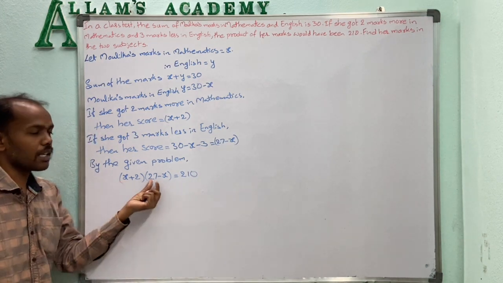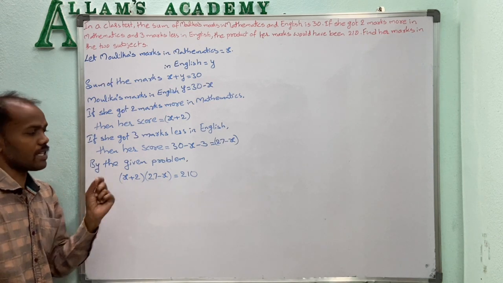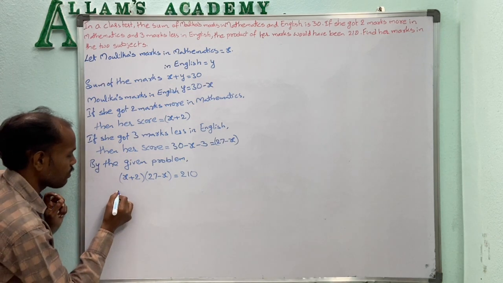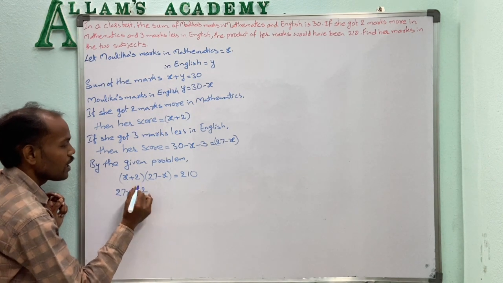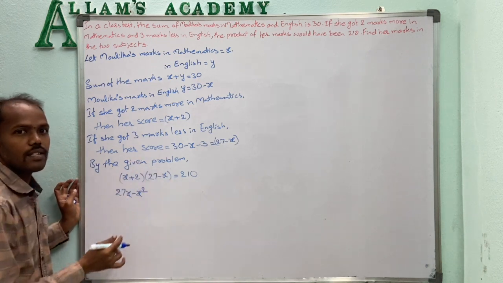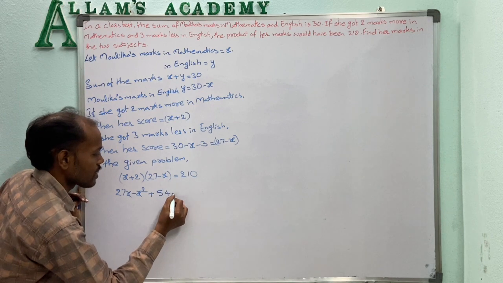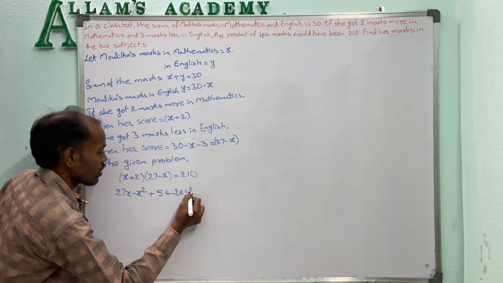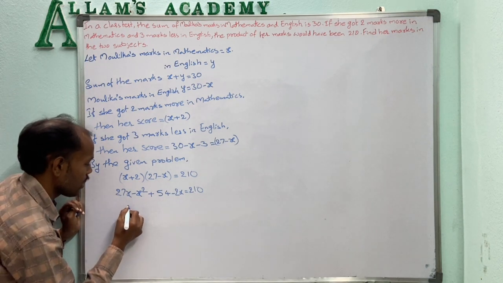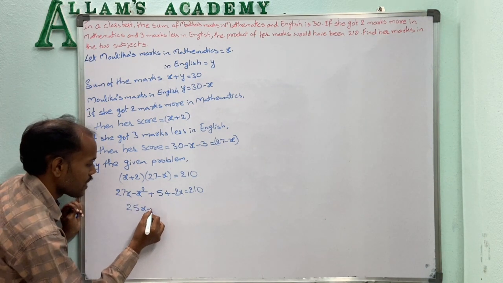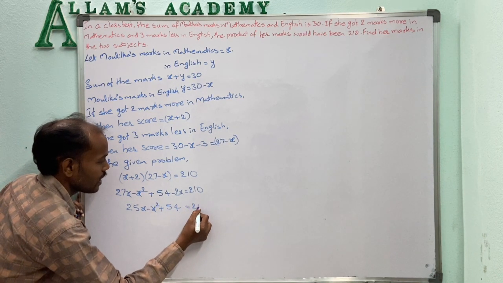Now multiply on the LHS. x into 27 is 27x. x into minus x is minus x square. Next, plus 2 into 27 minus x. 2 into 27 is 54. 2 into minus x is minus 2x, equal to 210. So 27x minus 2x is 25x, minus x square plus 54 is equal to 210.